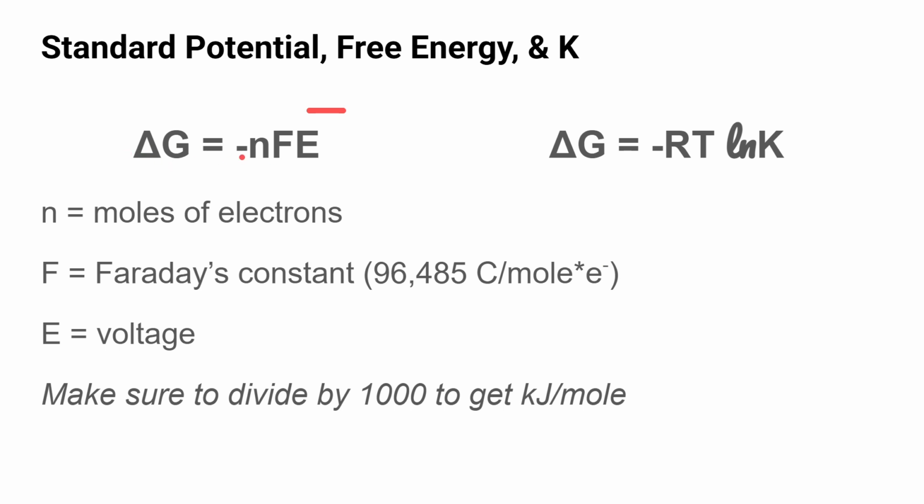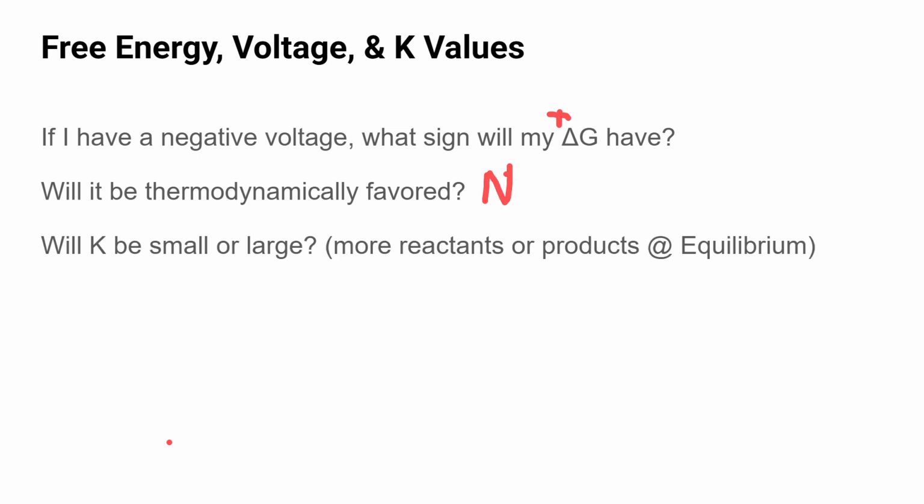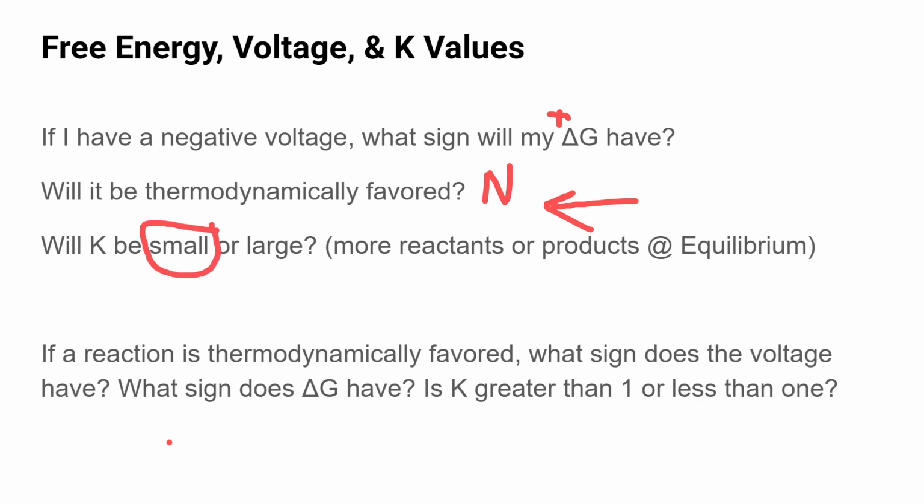Then I'm going to have a negative times a positive times a negative, which gives me a positive delta G. So if I have a negative voltage, the sign of delta G becomes positive. And if it's positive, then it won't be thermodynamically favored. It's not going to go to the right. It's probably going to go to the left, and if my reaction is headed to the left, K is going to be small.